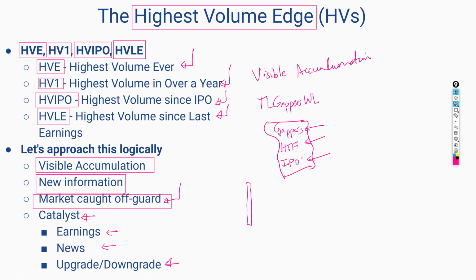So just think about it logically. I mean, supply, demand, the basics of supply, demand, and what we're trying to exploit in the market remain the same, right? And what this tells us is basically that there's an accumulation on the charts, and the emphasis, like the highest volume in over a year, highest volume since IPO, highest volume since last earnings.